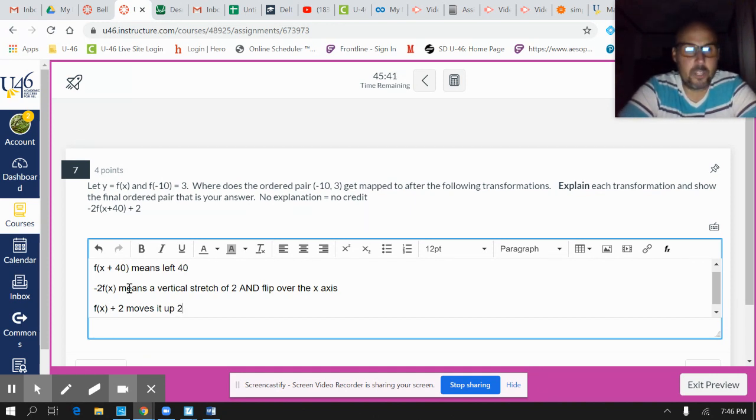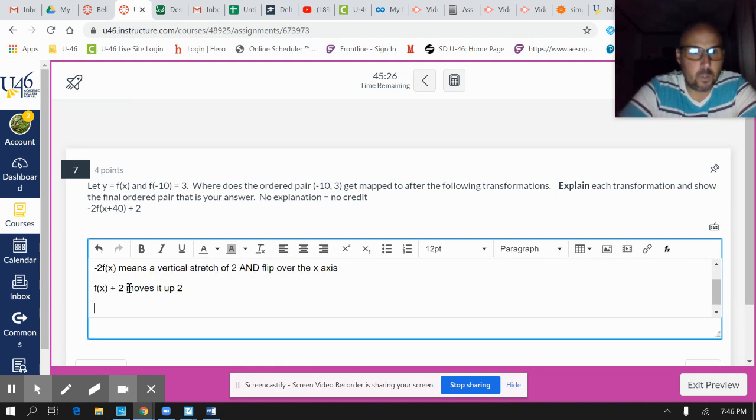And the order of operations here matters. We want to do multiplication before we do addition and subtraction. And you can work independently of x and y. You don't have to do x first or y first because they're totally independent of each other. So let's do this. I've got negative 10 comma 3.